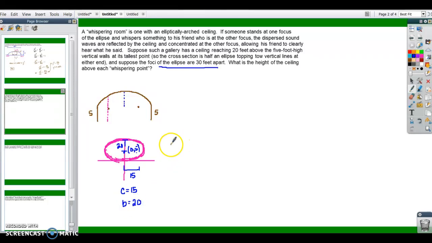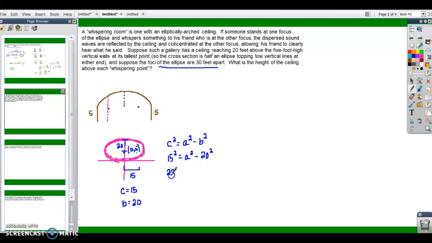So I can use my formula c squared is equal to a squared minus b squared. I have 15 squared is a squared minus 20 squared.